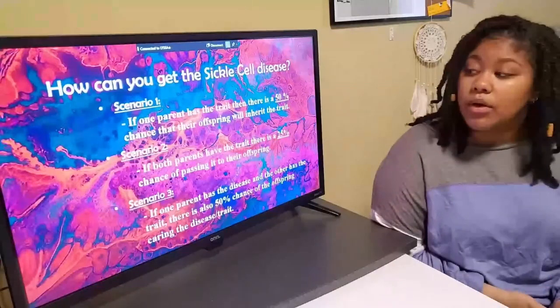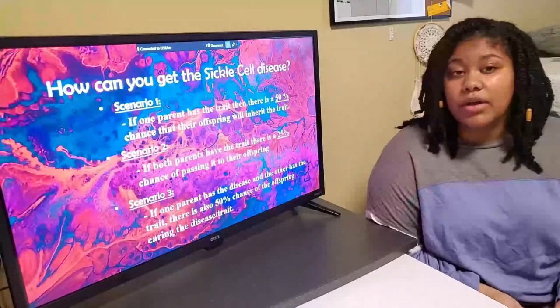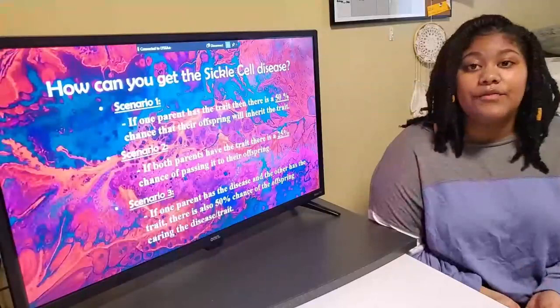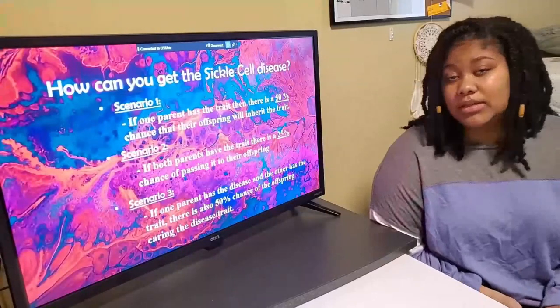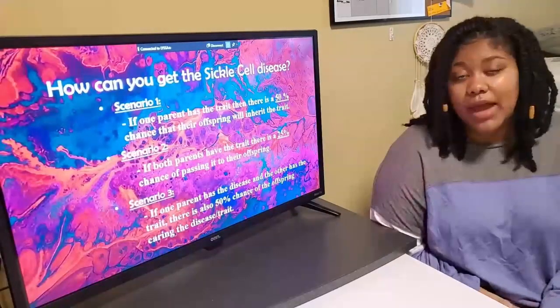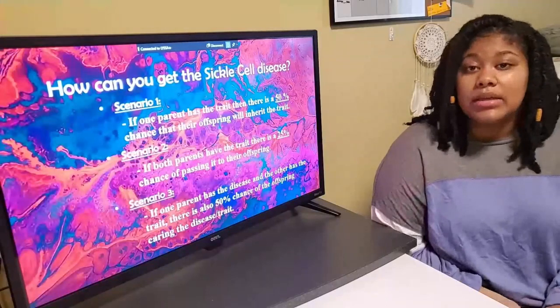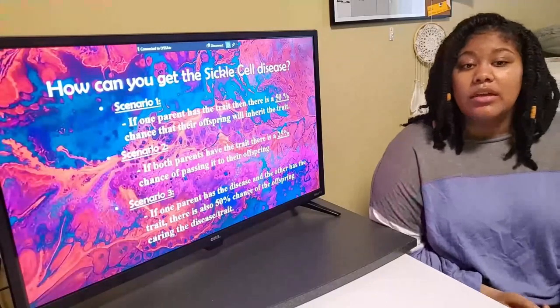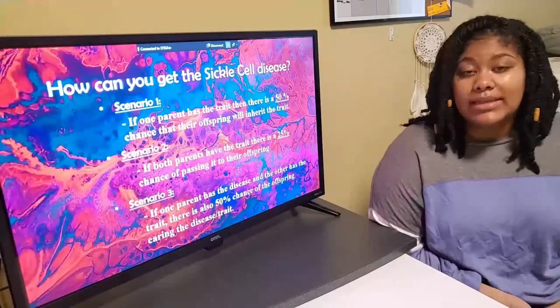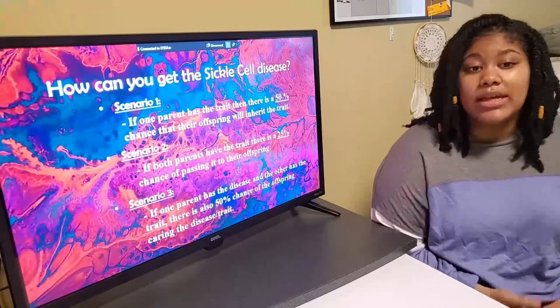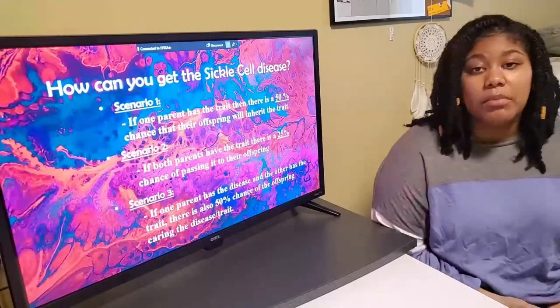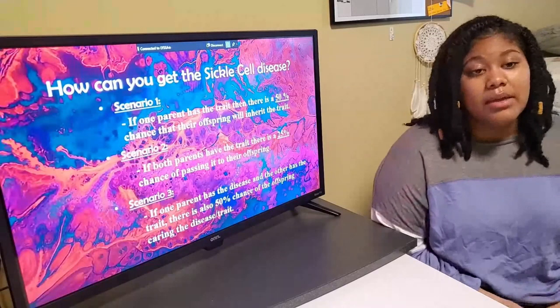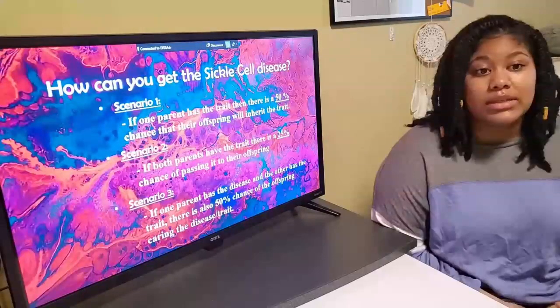The second scenario is if both parents have the trait. And the trait is not very harmful to your body. It doesn't do anything to you. You wouldn't even know you had it. And basically, what happens is if one parent has the sickle cell trait and the other has sickle cell trait, it could combine and make the child have the sickle cell disease.